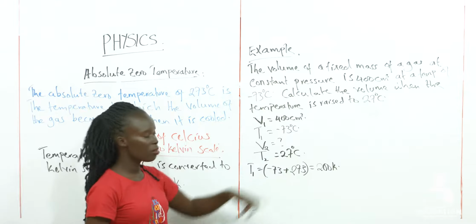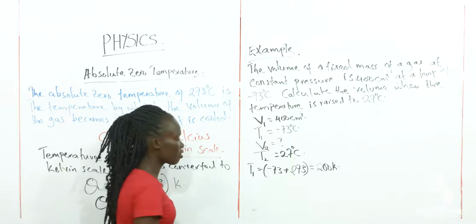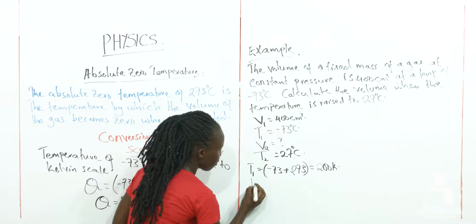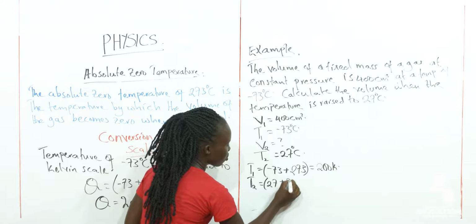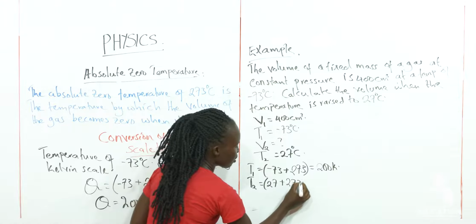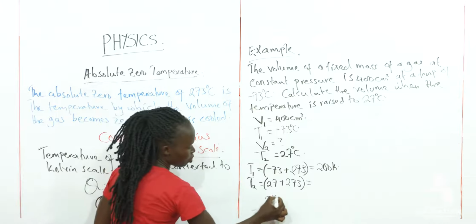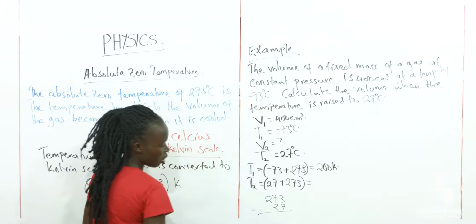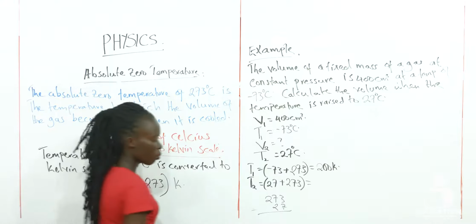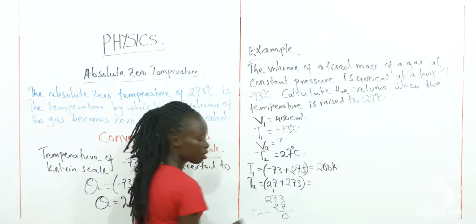Now let's go to the second. We have it in degrees Celsius. We also convert that to the Kelvin scale, so our second temperature will equal 27 plus 273. What will it give you? If we have 273, then we have 27 under it. 3 plus 7 will give us 10. So we write 0 and carry 1.